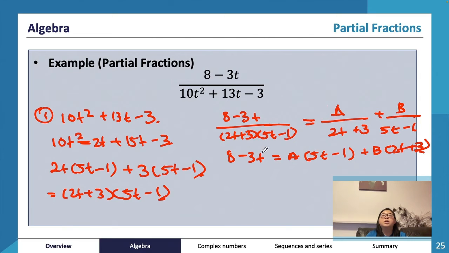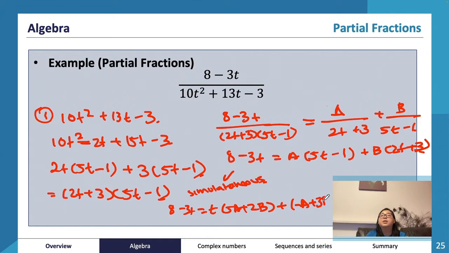There are two methods of figuring out the actual values of them. The first method is simultaneous equations. We get 8 minus 3t equals, and then we group: t times 5a plus 2b, plus the normal part, negative a plus 3b.